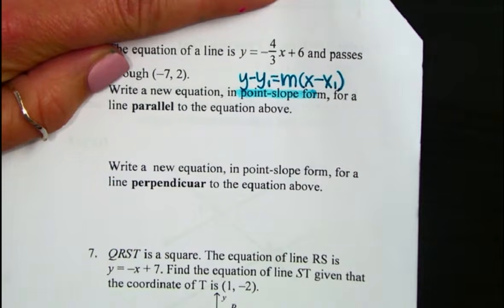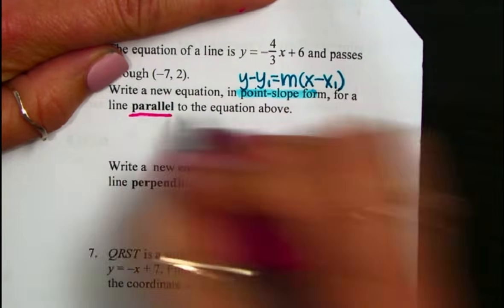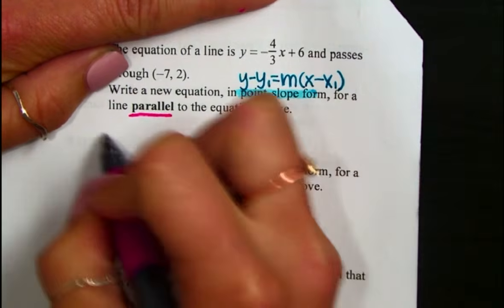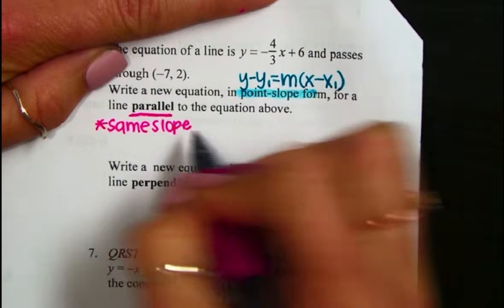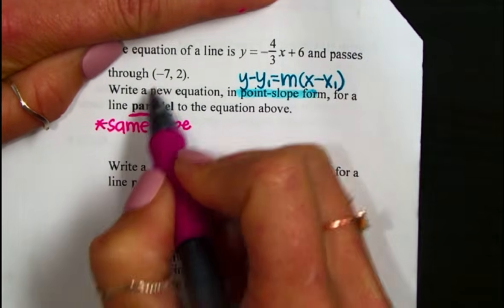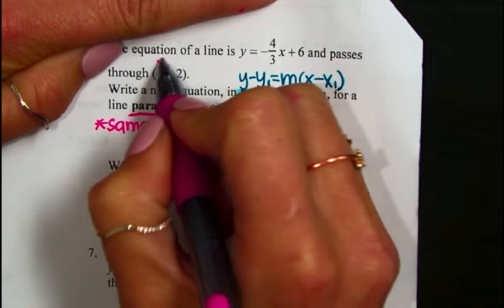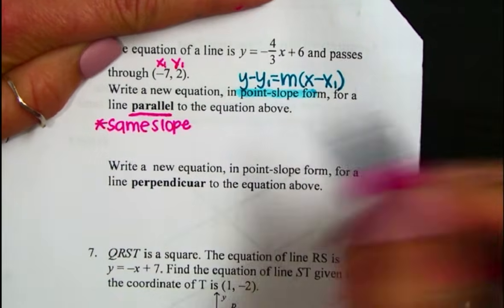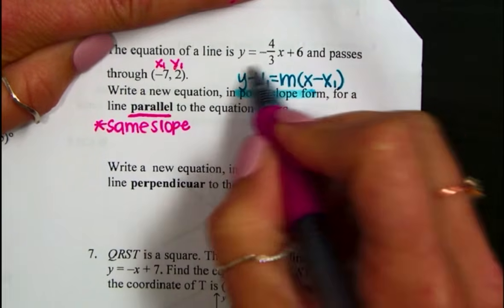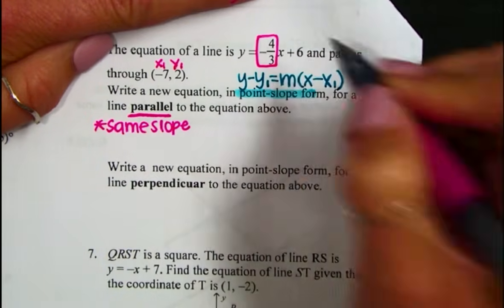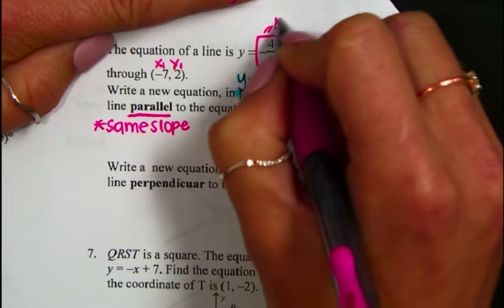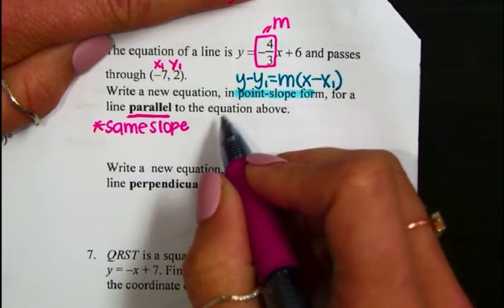So remember, when you have a line that's parallel, that means they're going to have the same slope. So to write an equation that passes through this point, I'm going to call this x1, y1. I'm going to use the same slope, which is negative 4/3, because they want a parallel line, and a parallel line has the same slope.